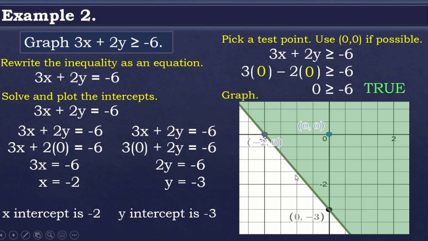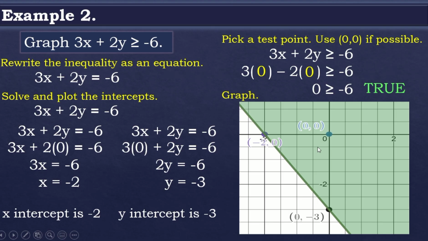As you can see, yung boundary line natin ay solid. Paano malalamang solid? Kasi meron tayong equal symbol dito. Kung ito ay greater than lang, broken yan. So, since meron tayong equal sign dito sa ating inequality, dyan mo malalaman na yung boundary mo should be solid.